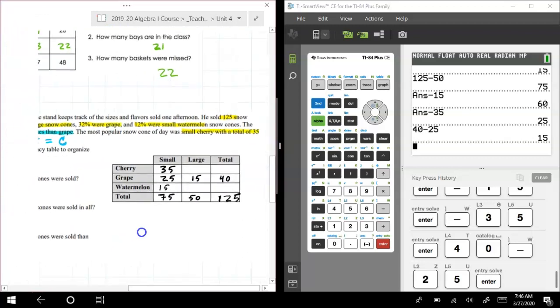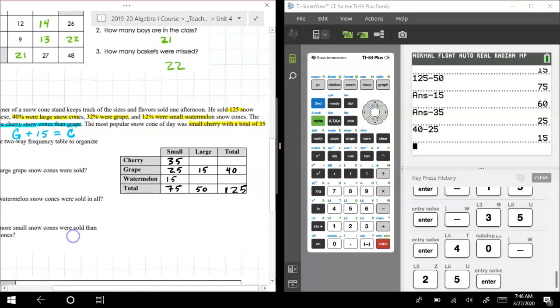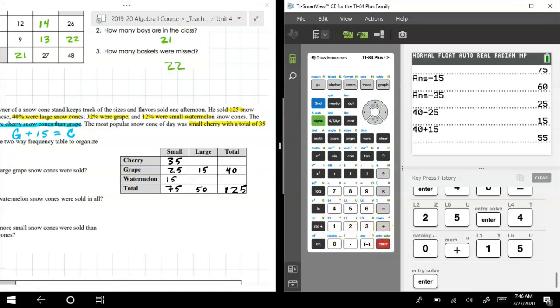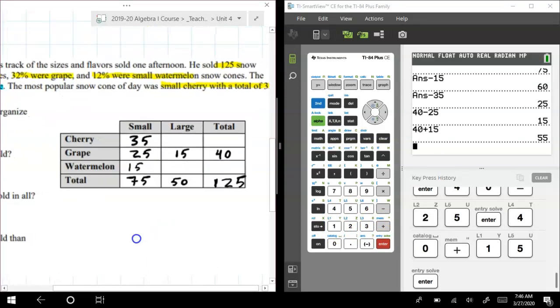And now I think we need this piece of information here. Grape plus 15 equals cherry. So if there are 40 grape plus 15 more tells us there's 55 cherry.